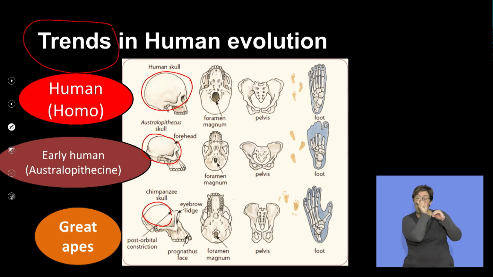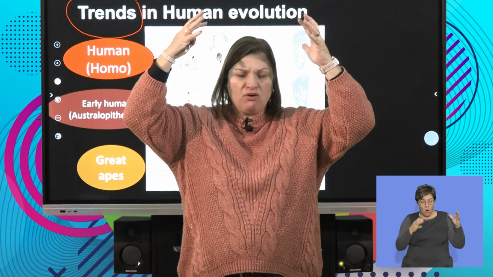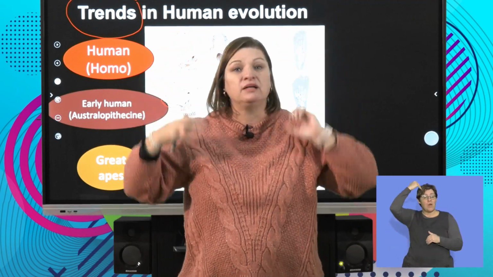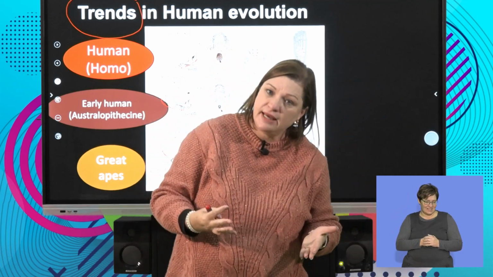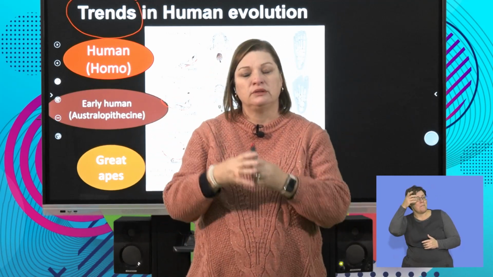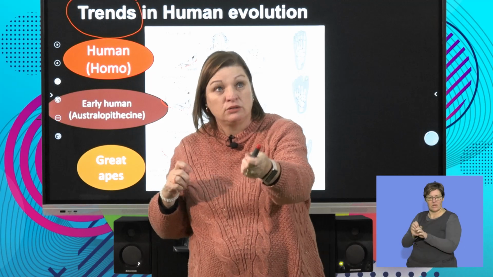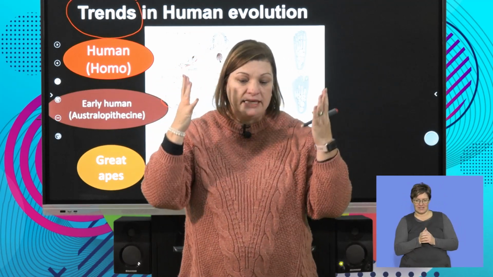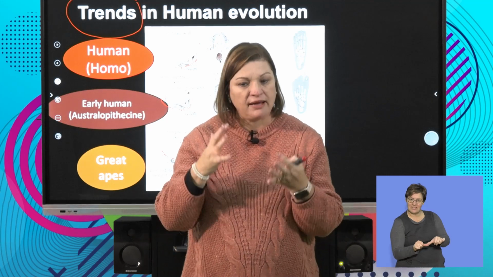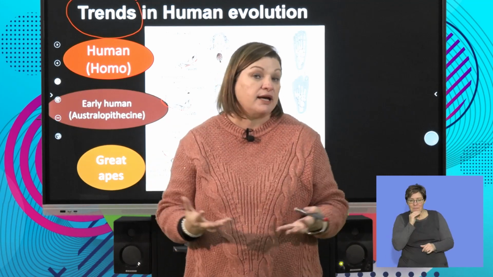So the words are important. And with that bigger cranium, what comes? A bigger brain. Intelligence. What does intelligence allow us to do? Make better tools. Draw. Speak. Keep fire going. If I can keep fire going, I can keep warm.